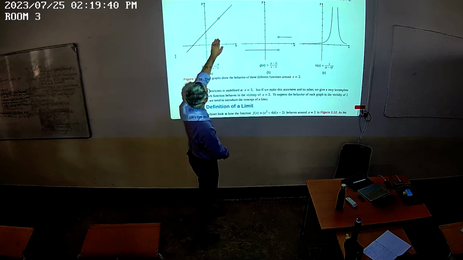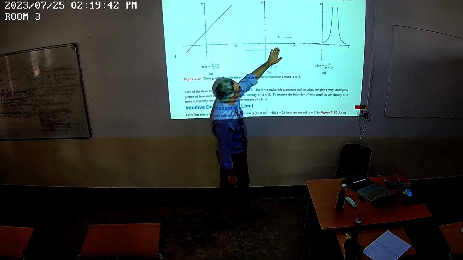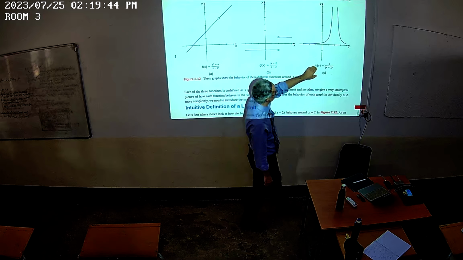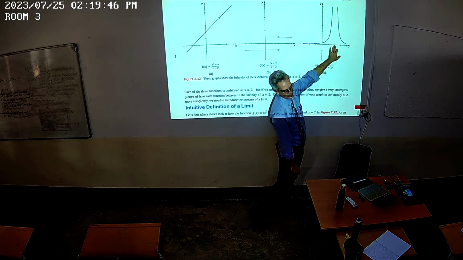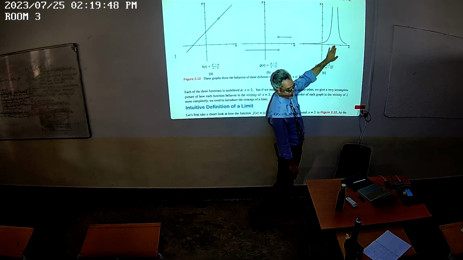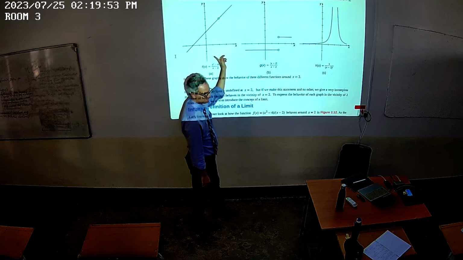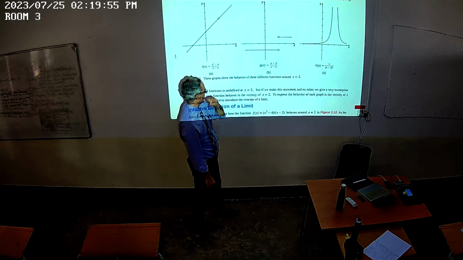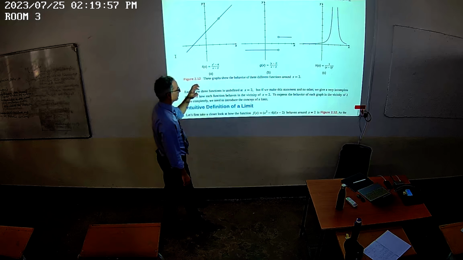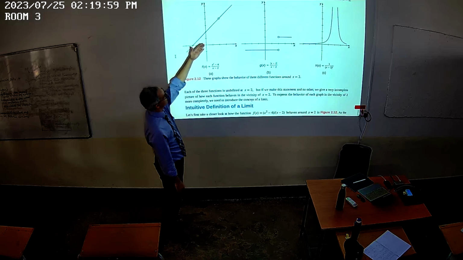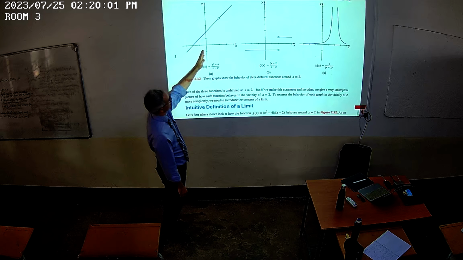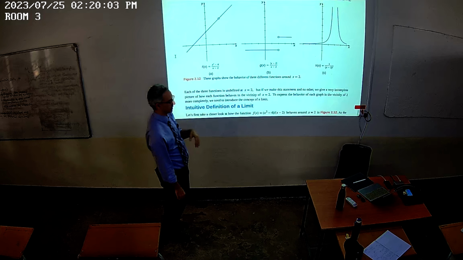This is undefined at x equals 2, this is undefined at x equals 2, and this is undefined at x equals 2. But they're undefined in different ways. These are very different looking graphs. So, in order to describe the behavior of the functions near x equals 2, we need the concept of a limit.